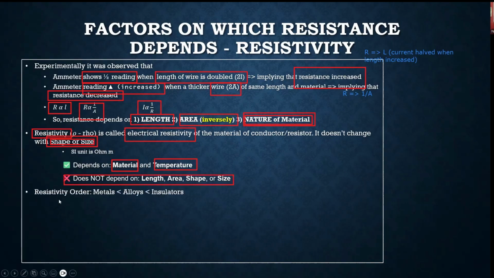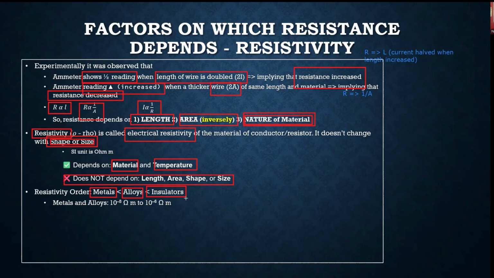तो रेजिस्टिविटी ऑर्डर इज द कितना, रेजिस्टिविटी है एक एक चीजों का, मतलब वो मेटल. Metal has the least resistivity. After that, we have alloys and then insulators. Metals will say, chalo bhai, you can pass as much current through me as possible. That means they are good conductors.